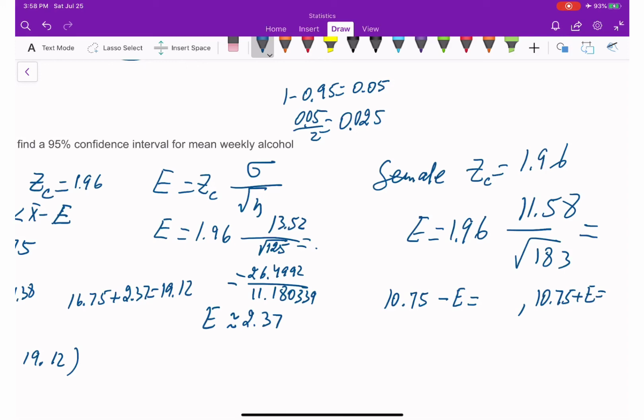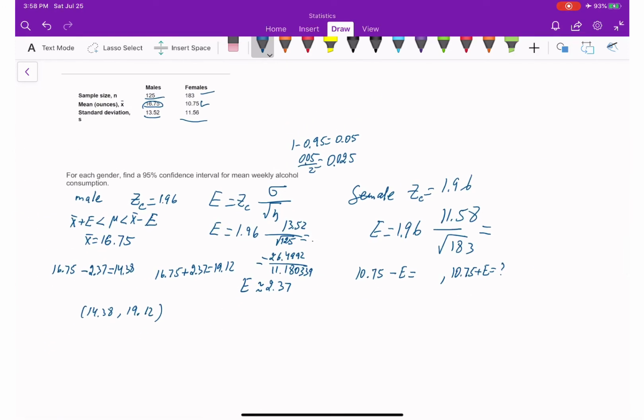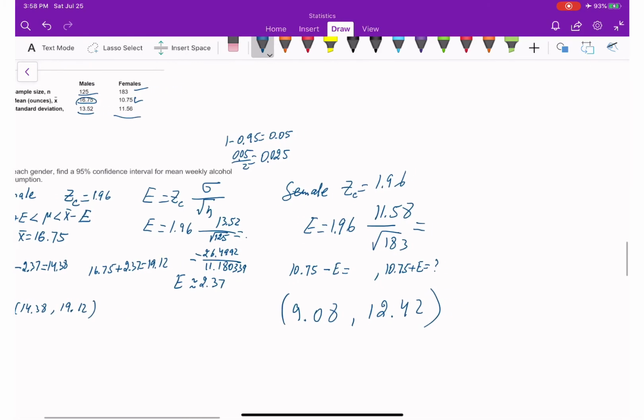This time you can calculate, right? Because here I showed you already how to do it. And you should get the interval, the answer should be 9.08 and 12.42. Okay, let me see, I can figure out from here how much you should get for your margin of error.